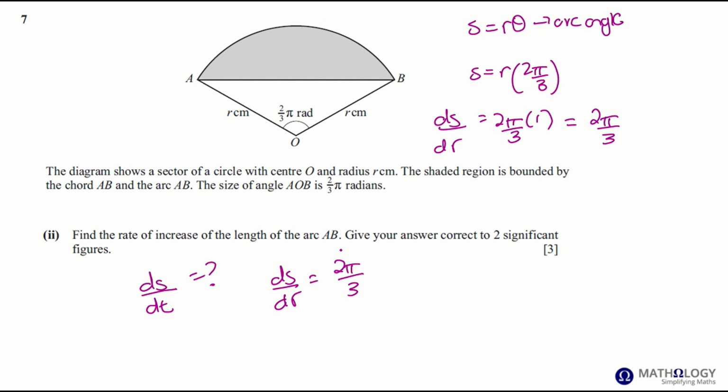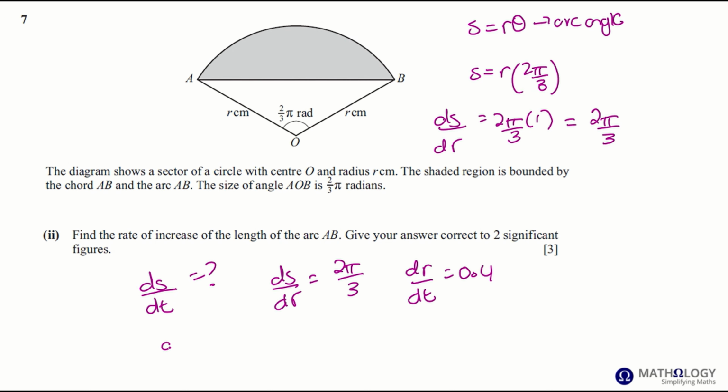And we know that dr/dt is 0.4. How did we know to use this differential? Well, look at the differentials that we have, ds/dt and ds/dr. The only thing that we need to relate now is dr to dt, which we know was 0.4. That was given to us.